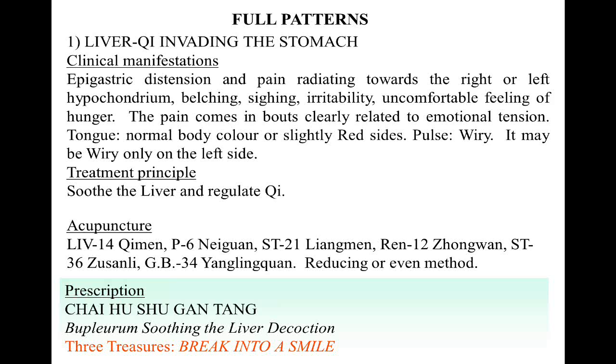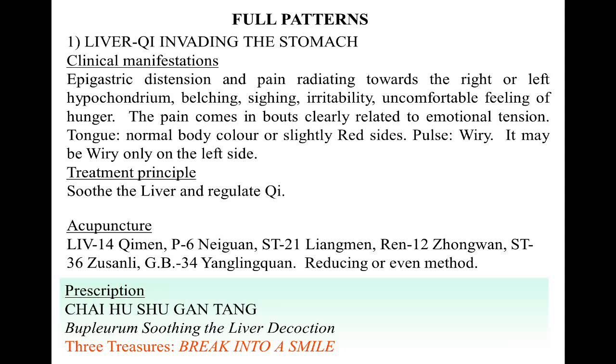And they say the same thing about this particular pattern, that you need to strengthen the stomach so that it stops being invaded by the liver. So Ren 12 and Stomach 36 are there to strengthen the stomach. And Gallbladder 34 is to move liver qi.